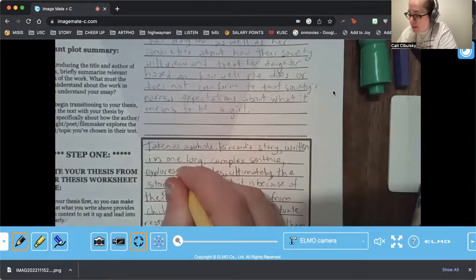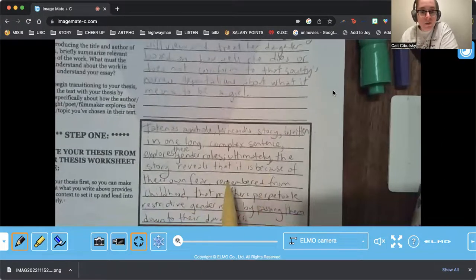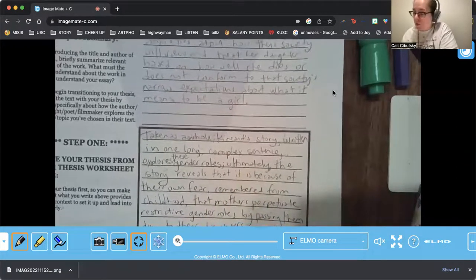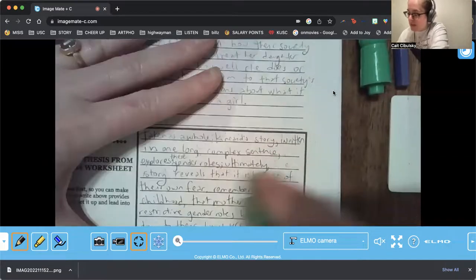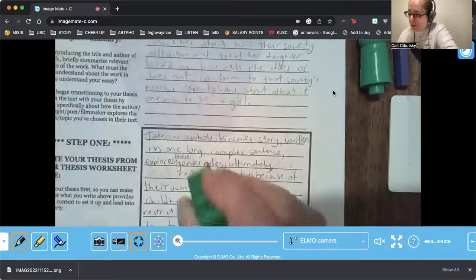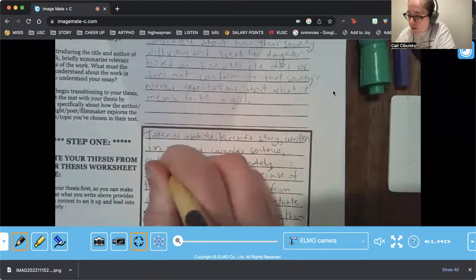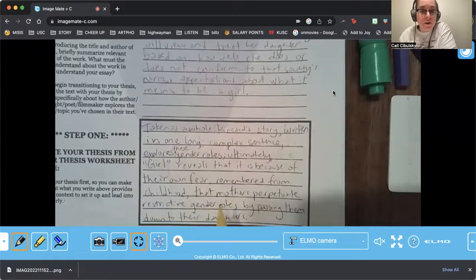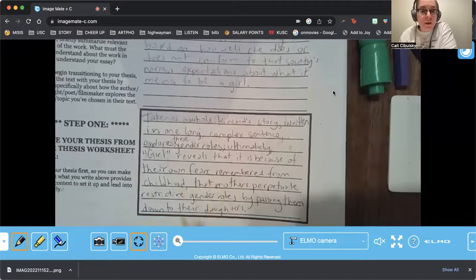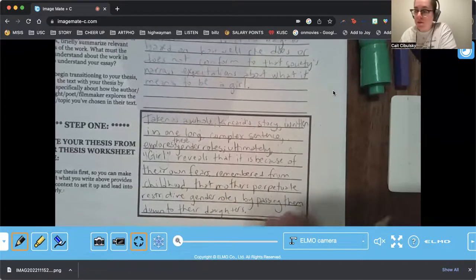Ultimately, since I just said the word story, I'm going to change it up: Girl reveals that it is because of their own fears, remembered from childhood, that mothers perpetuate restrictive gender roles by passing them down to their daughters. Okay, so look at that.